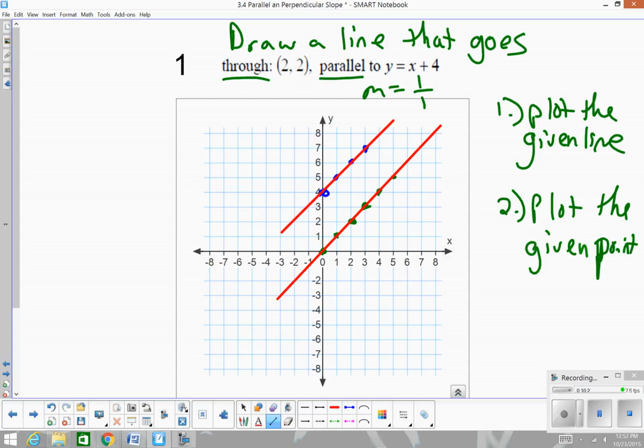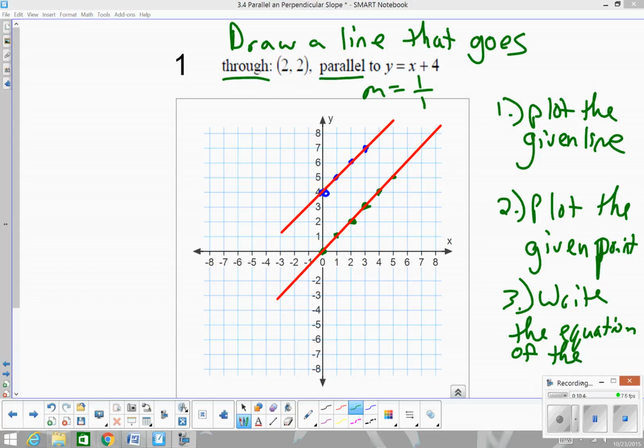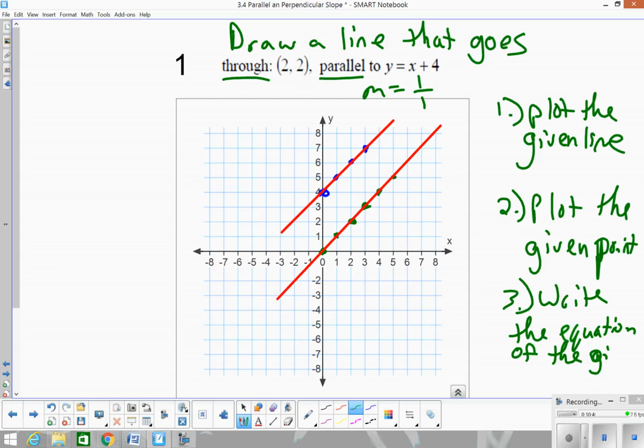Awesome. So now lastly, I'm going to go ahead and write the equation of the new line.